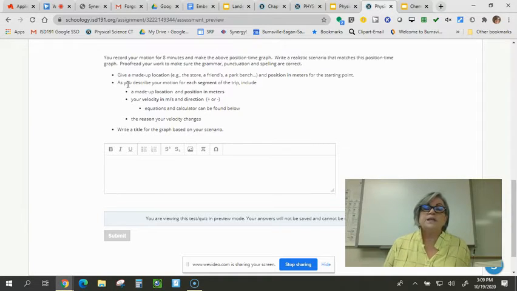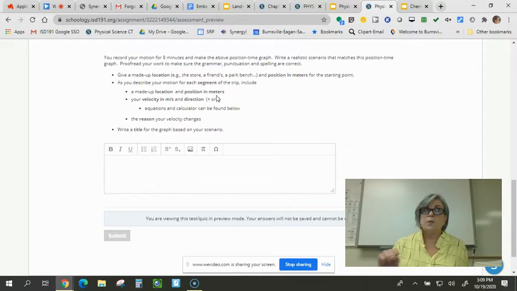So the first thing is I'm going to ask you to give me a location and position in meters for the starting point. So tell me where you're starting from using the y-axis. And then for each segment of the trip, I want you to include 3 things. Your location and position in meters.